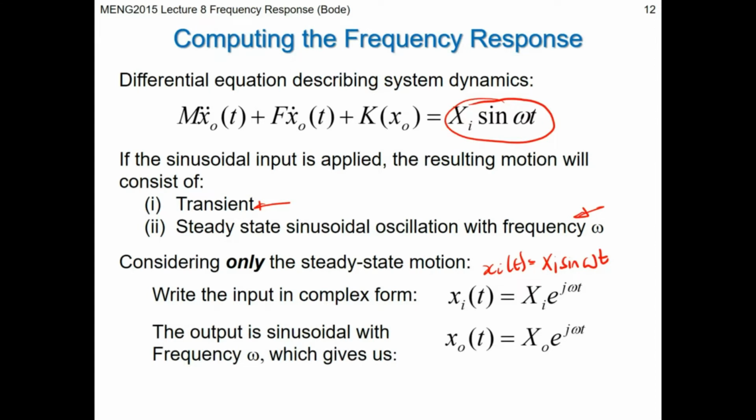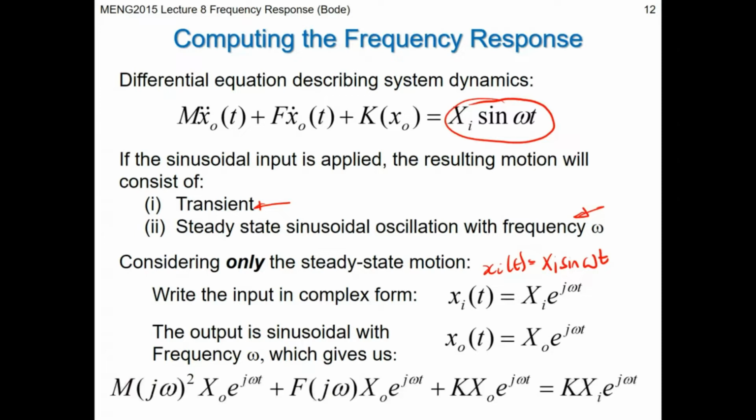And our output is now going to be expressed as x out, or xo e j omega t. So now we have our input and our output, and I'm substituting those back into all the places where we've got x out and x in.